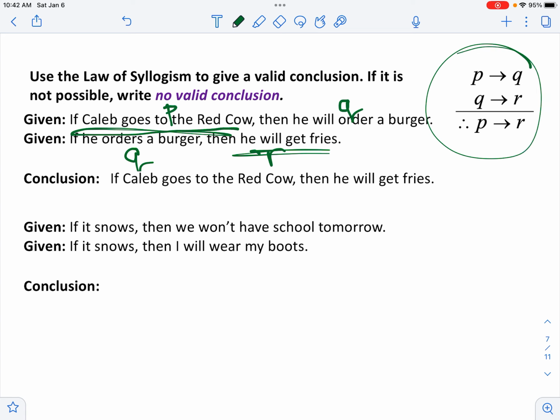I'm just following this map here in the corner. It helps to label each part just to make sure that you're on the right track. So if it snows, P, then we won't have school tomorrow.